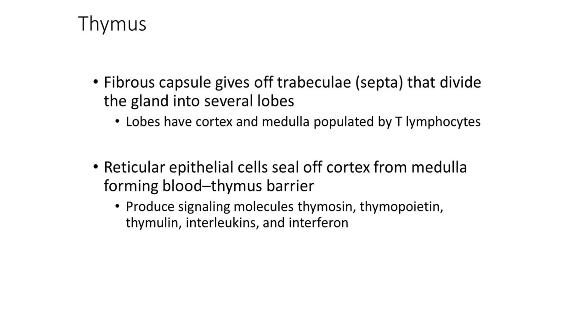You also have reticular epithelial cells that seal off the cortex from the medulla, forming the blood-thymus barrier. Here we see the production of signaling molecules such as thymosin, thymopoietin, thymulin, interleukins, and interferon.